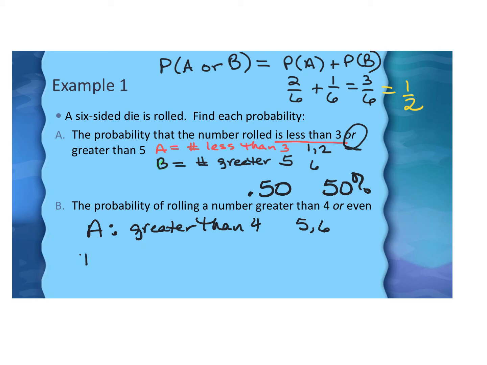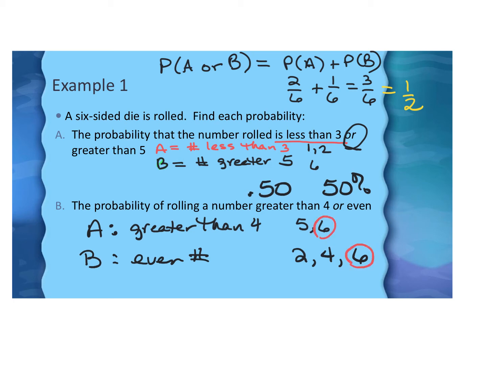And then event B is going to be an even number. And the even numbers on the dice are going to be 2, 4, and 6. Notice in my list of outcomes, they have a number in common. So this is going to be overlapping events. So the 6 is what's in common.